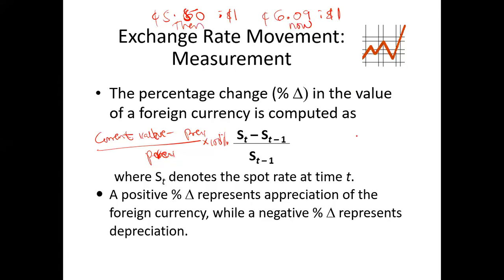It will be the current one, 6.09, minus the previous, 5.50, over the previous 5.50, times 100%. When you punch that, you are going to get 10.73%.